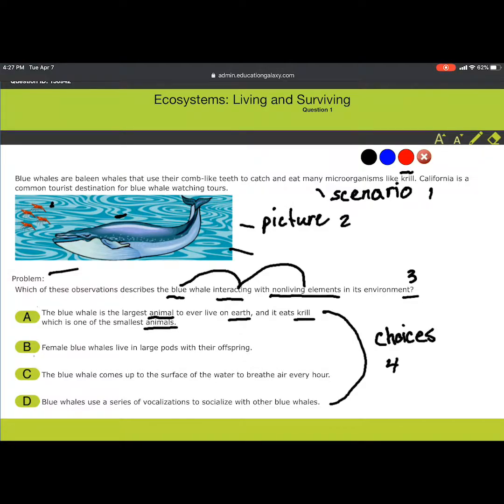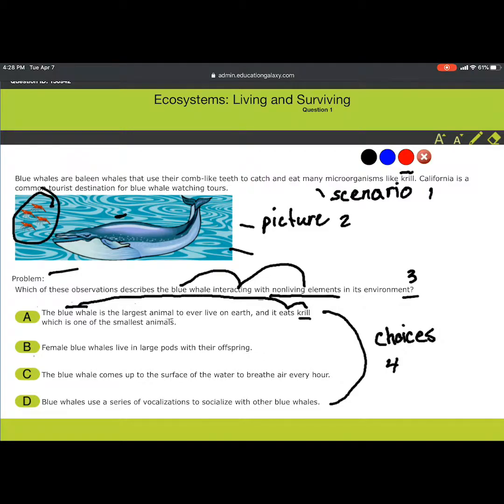So there's the interaction: blue whale eating krill. Let me erase that and make it a little more clear. We have blue whale right here, eats krill, so the interaction is eating the krill.